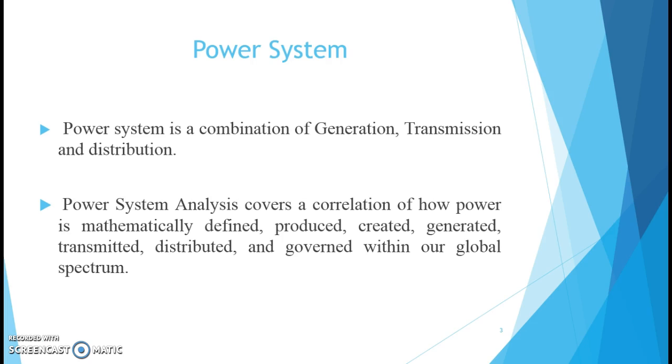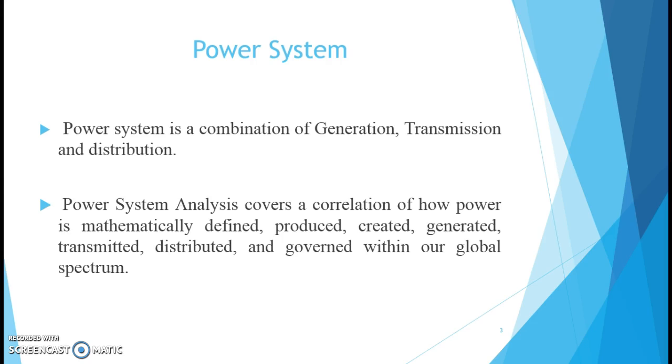Before going to the original topic, first I will remind you what a power system is. A power system is a combination of generation, transmission, and distribution. The typical structure and concept we already discussed in the previous class. Power system analysis is mainly for developing the mathematical model of how the power is generated, how it is transmitted, and how it is distributed to the consumer.